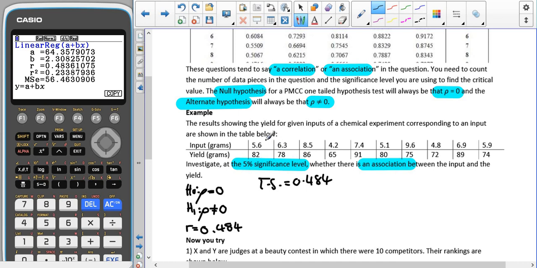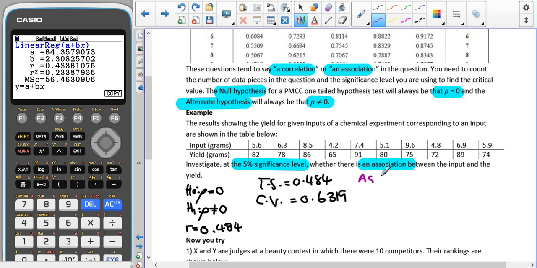And then we're going down to 10 pieces of data down the side, which should give you a critical value of 0.6319.